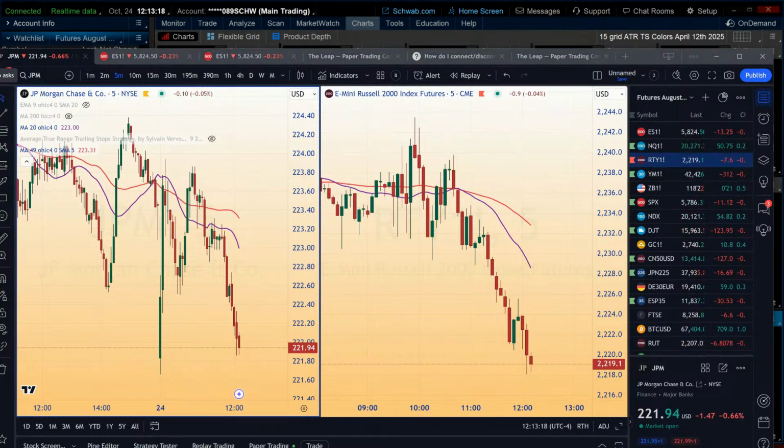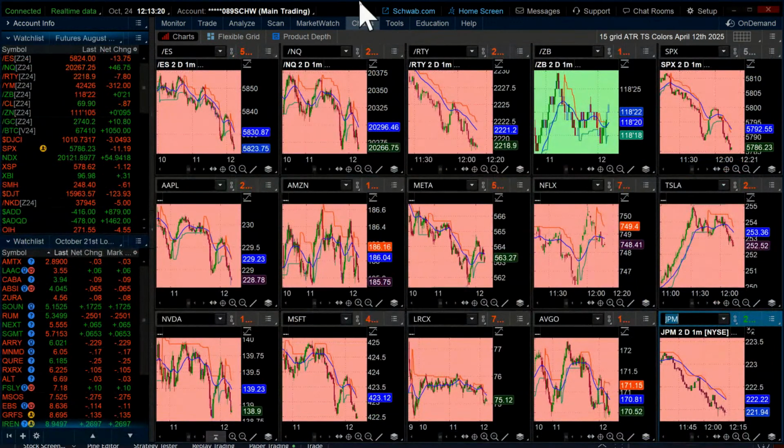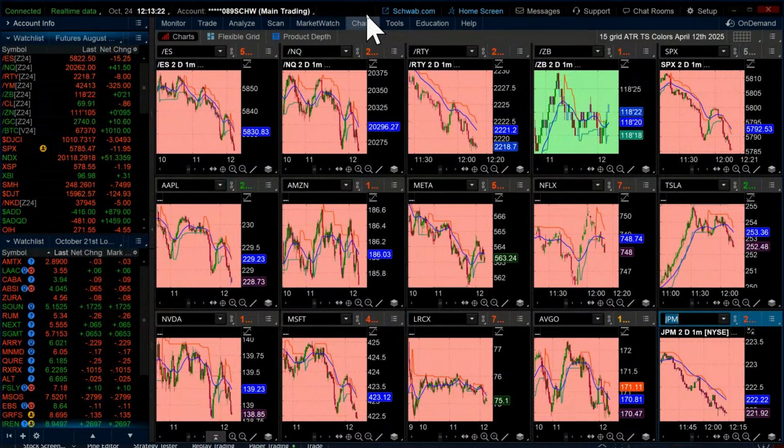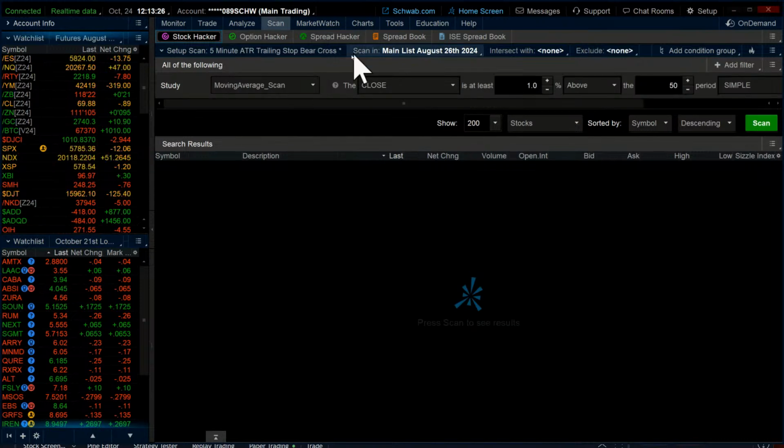So let's go to it. I'll show you one scan. I can't really share the scan, but this is just something you can readily see on Thinkorswim. You go to scan. Take my main list. That's all the biggie stocks.